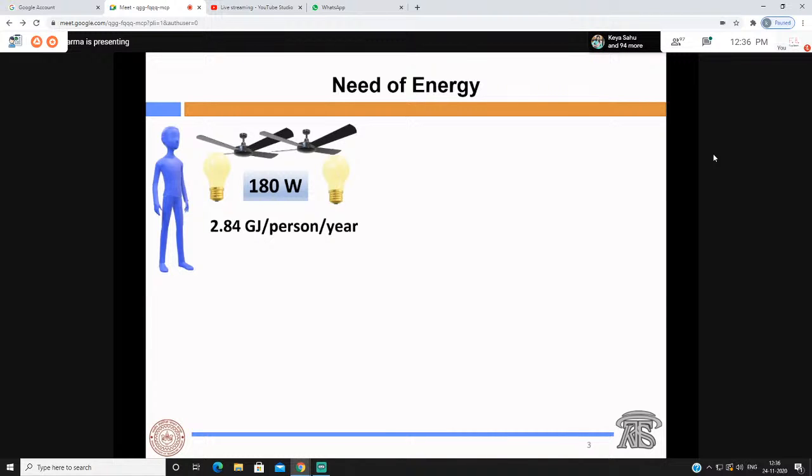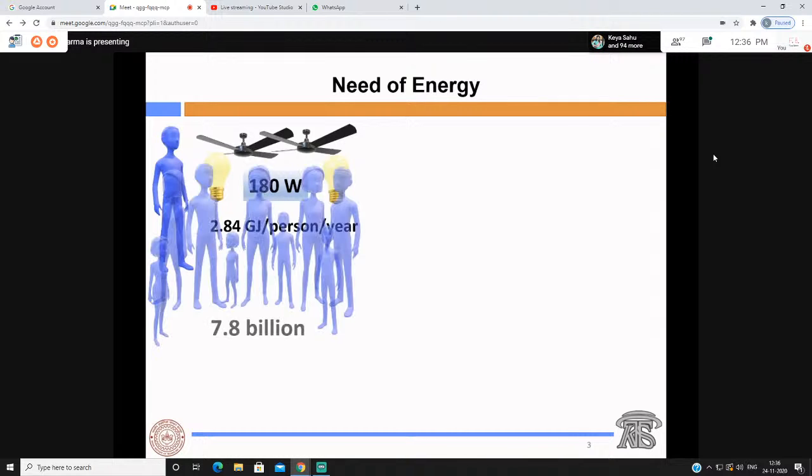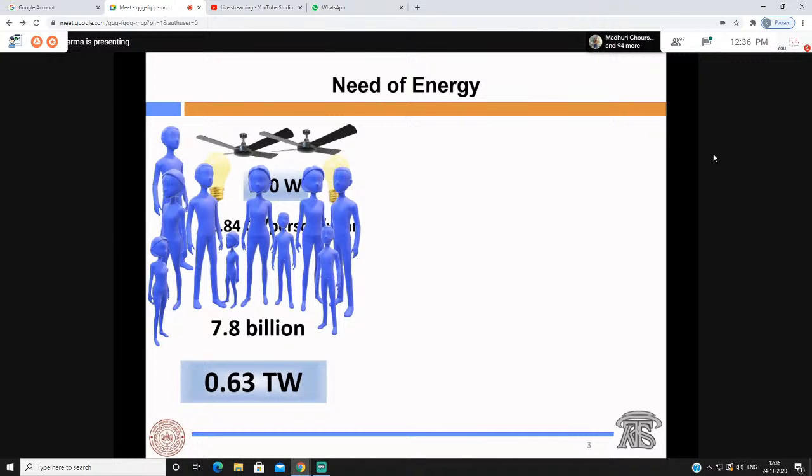Now, what is the total population of the world? It is 7.8 billion as per the government record in 2019. For all this population, the total energy is the requirement for one person multiplied by 7.8 billion population. That is 0.63 terawatt of energy.